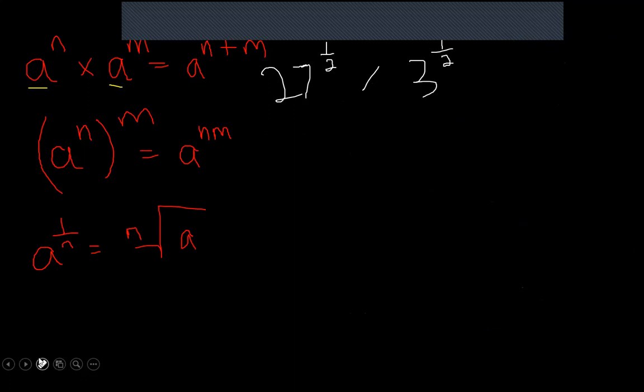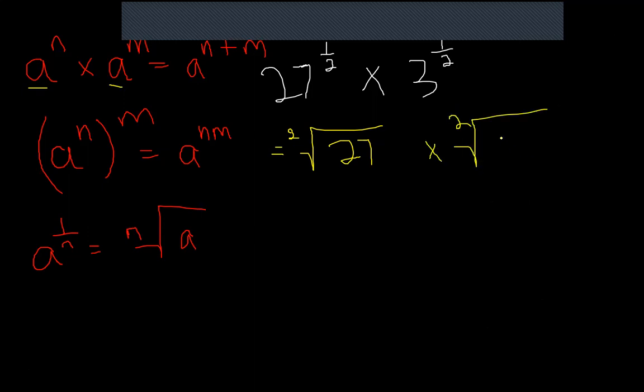Let me know if this is what you have, right? So you said that 27 raised to the power of half is the same as this. So you can put the 2 here, but it's understood. Okay. But then what did you do after this?